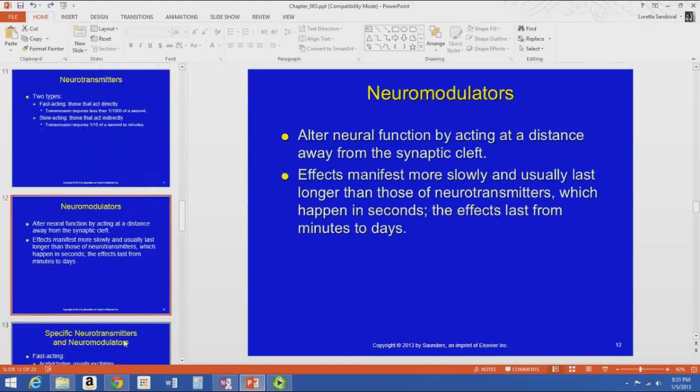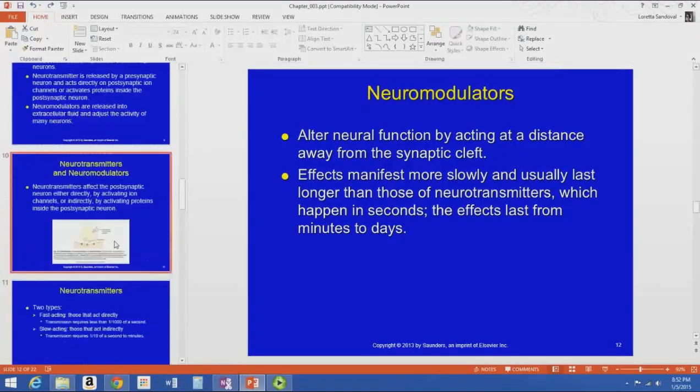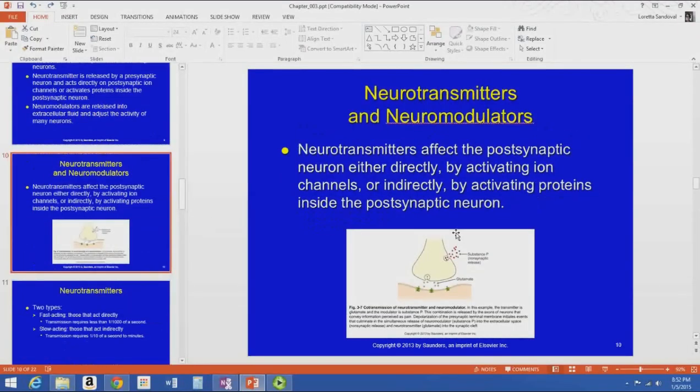Neuromodulators alter neural function at a distance away from the synaptic cleft. So in the little diagram, which we'll go back to, it shows some neuromodulators, substance P in this case, which we'll talk a little bit more in detail about. Not much detail though. And it is acting away from the synapse.